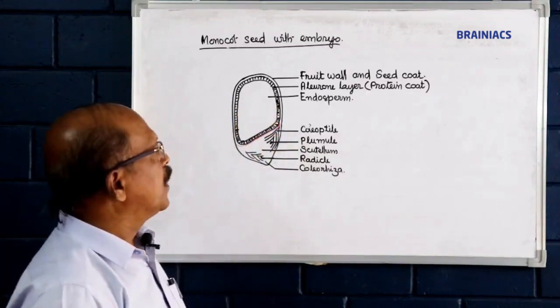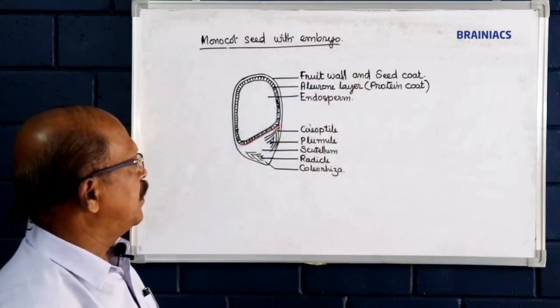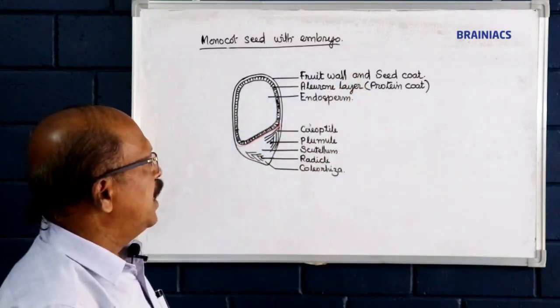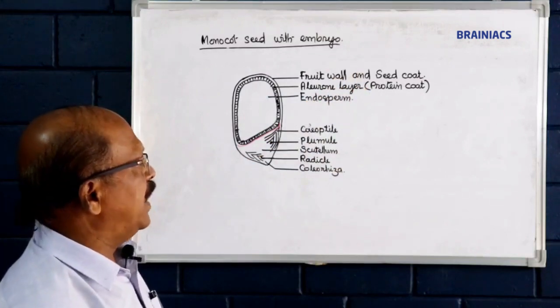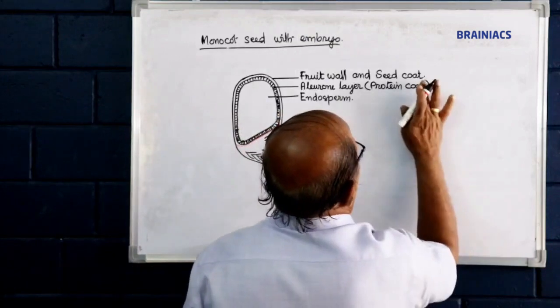Remember please. Fruit wall and seed coat is there. Into that there is a protein layer called aleurone layer or protein layer, protein coat or layer.